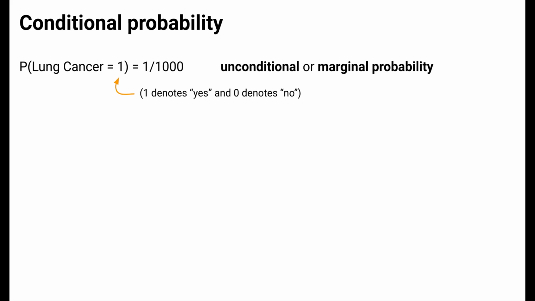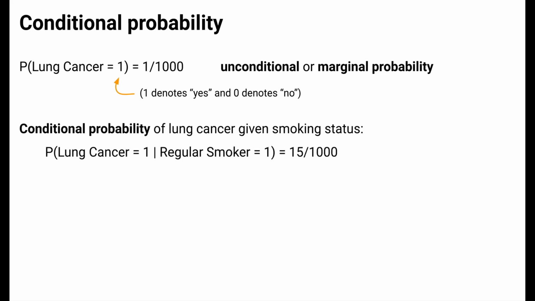Another important concept is that of conditional probability. When we describe probabilities of events without taking into account any additional information, this is called an unconditional or a marginal probability. For example, the probability that a randomly selected person from the US has lung cancer is 1 in 1,000, and this is a marginal probability.